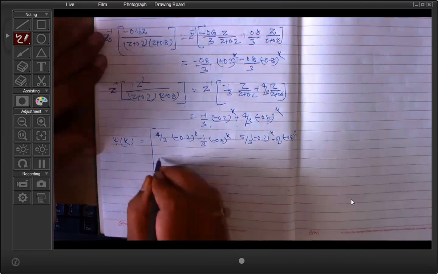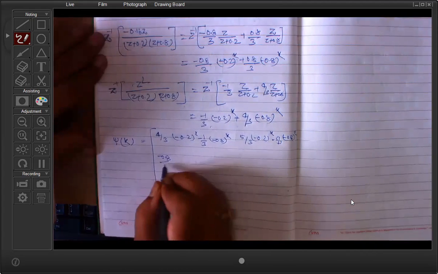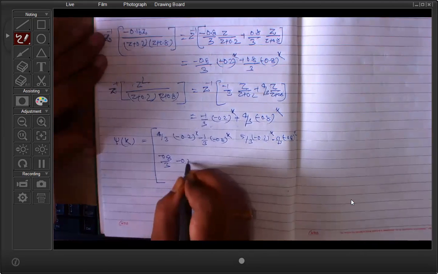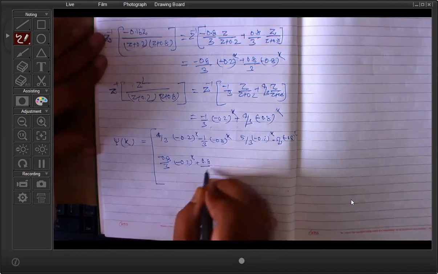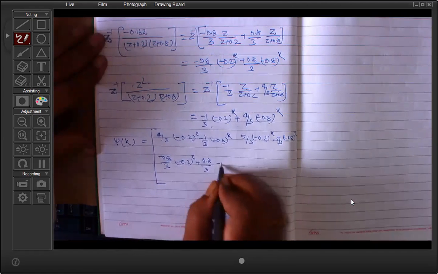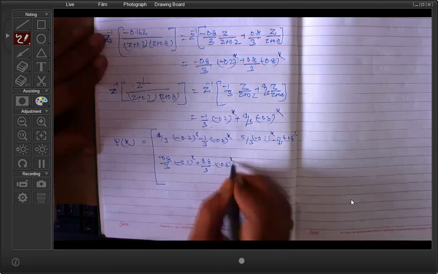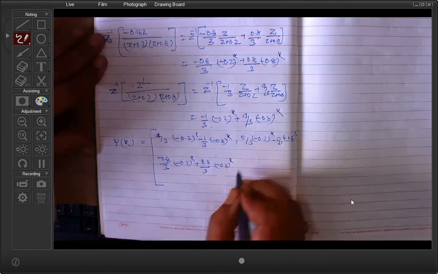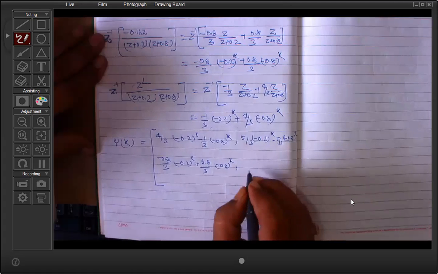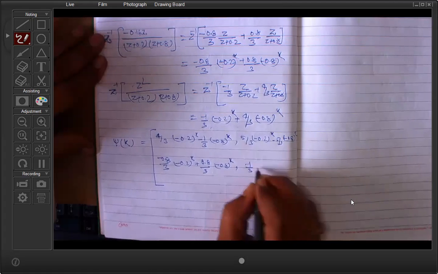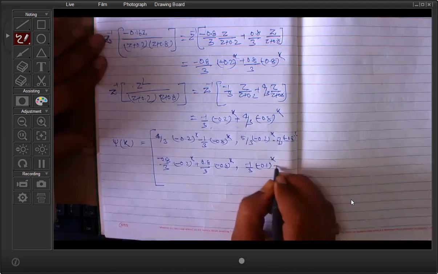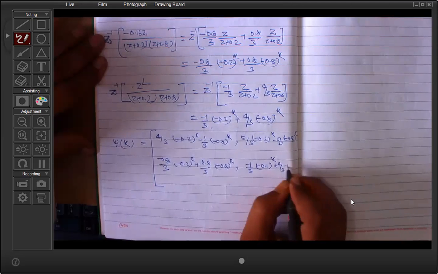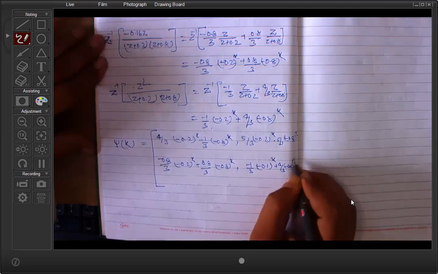Third term minus 0.8 by 3 (minus 0.2) to the power k plus 0.8 by 3 (minus 0.8) to the power k. Fourth term minus 1 by 3 (minus 0.2) to the power k plus 4 by 3 (minus 0.8) to the power k.